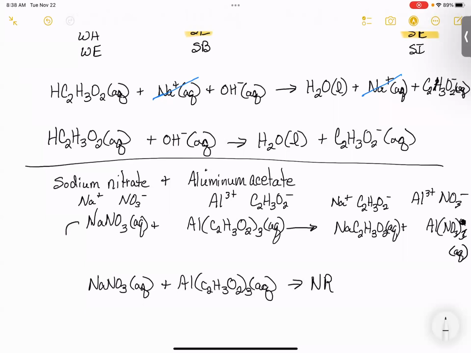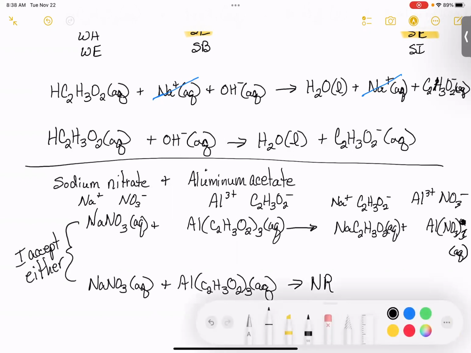So I will accept either of these. Active probably just wants you to write no reaction. But basically, there's no reaction here because all of the soluble ionic compounds are aqueous.